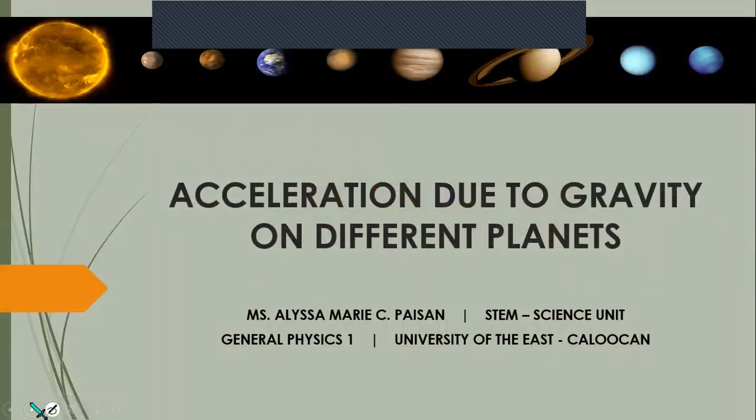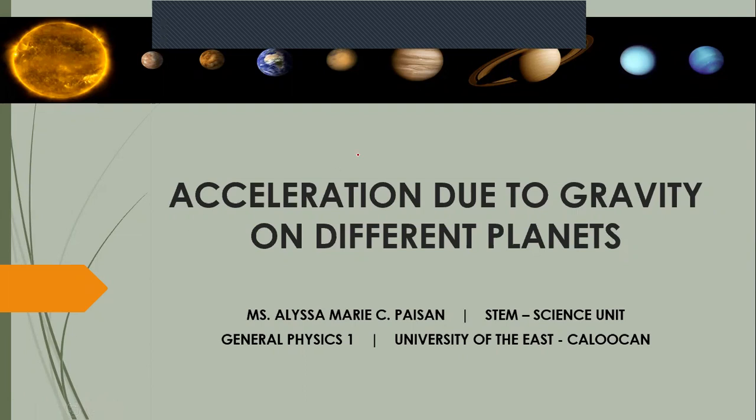Now let's proceed to the acceleration due to gravity on different planets. Now we have already discussed the acceleration due to gravity here on Earth, simply 9.8 meters per second squared. And sinabi ko nga kapag dito sa Earth, constant siya na yun yung value niya. Pero kapag umalis ka ng Earth, lumabas ka ng Earth, you go to the outer space, the value of the acceleration due to gravity changes.